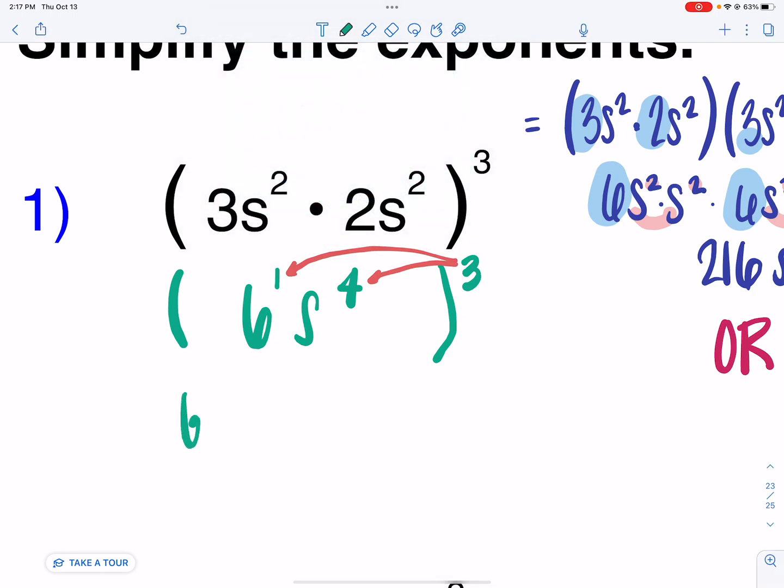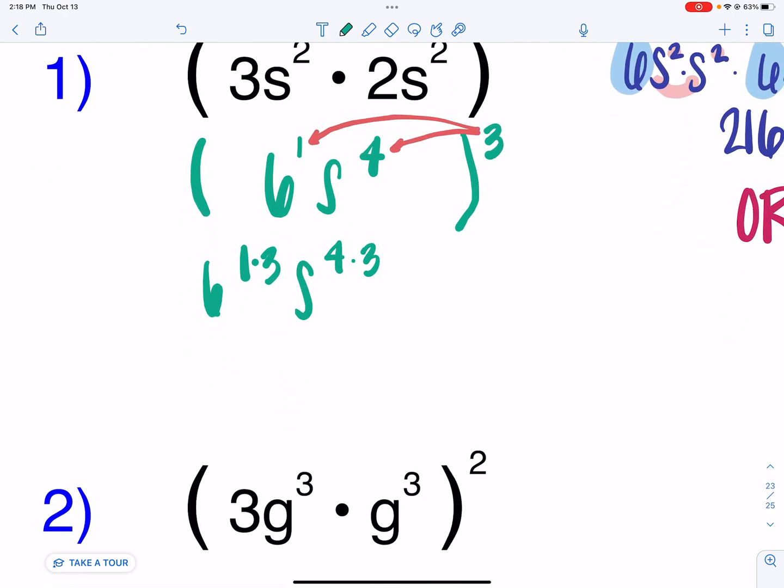So this becomes 6 to the 1 times 3, and s to the 4 times 3. Well, I know 1 times 3, and I know 4 times 3. The only step left is to simplify that 6 to the 3rd power.